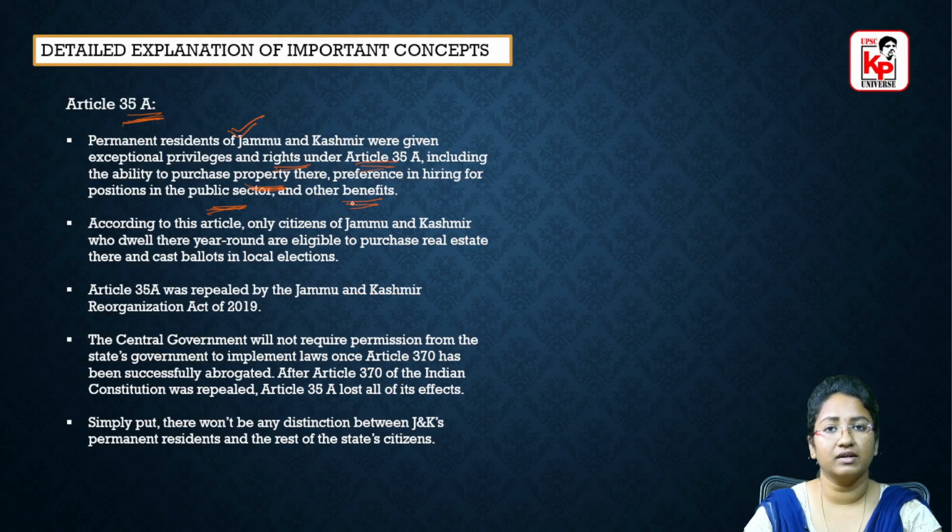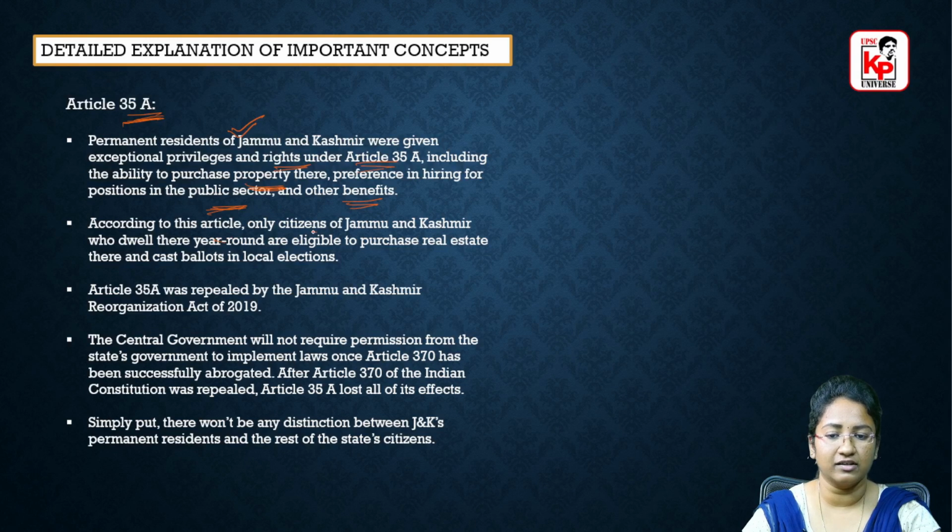So if anyone wants to buy a particular property in Jammu and Kashmir, only permanent residents could do so according to Article 35A. So this is prior to the 2019 decision.